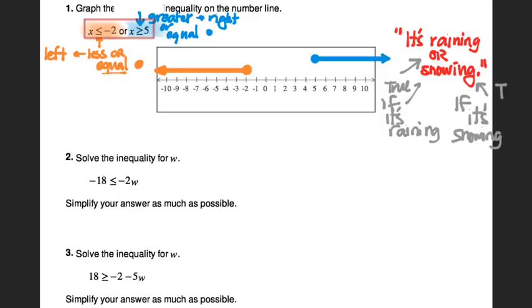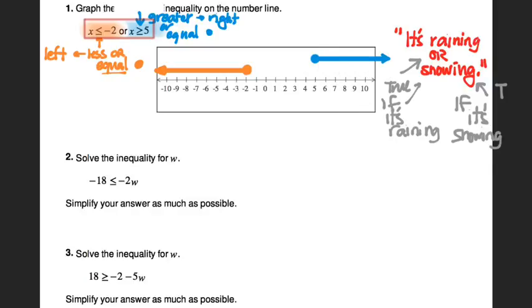Just one or the other of the pieces has to be true. Right? It either has to be raining or it has to be snowing. If either one of those two is true, then this red statement is a true statement. So if I'm taking two sets and I'm putting them together with an or, then what I get in the combination is everything that either belongs to the orange set or belongs to the blue set. So all the numbers that are less than or equal to -2 are going to be a part of my answer, but so are all of the numbers that are greater than or equal to 5.